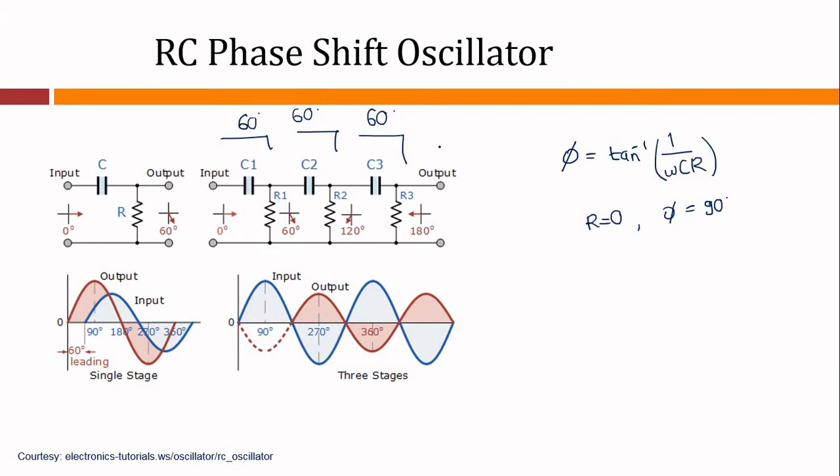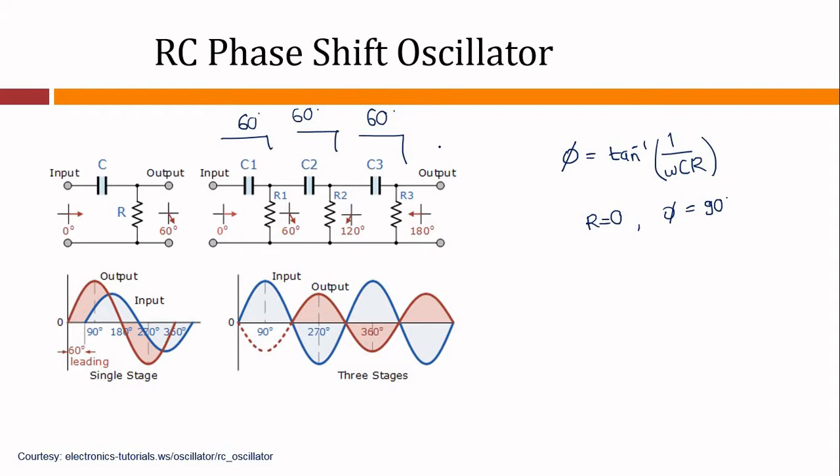If I take a multiple of 5, then I will go for 5 RC sections and so on. So if the values of C and R are chosen so that for the given frequency the phase shift of each RC section is 60 degrees, then the entire RC ladder network produces a total phase shift of 180 degrees between the input and output voltages.